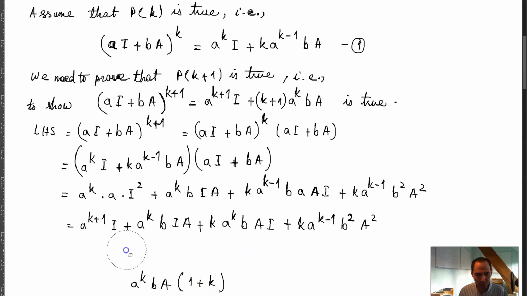So I'm going to write this thing over here. So that is K plus 1 times A raised to the power K times B times A, and this is A squared, right?